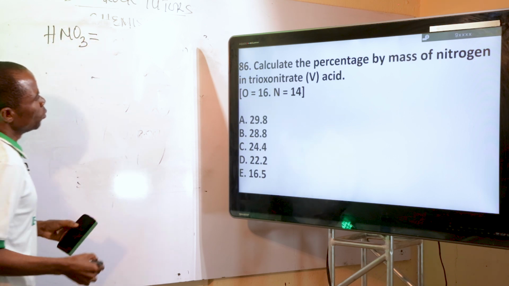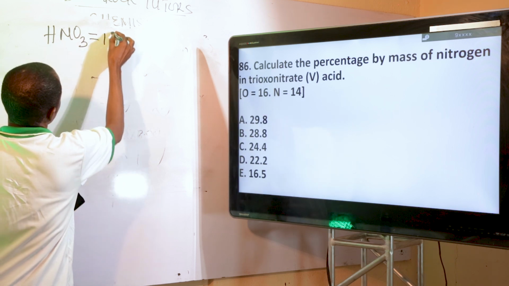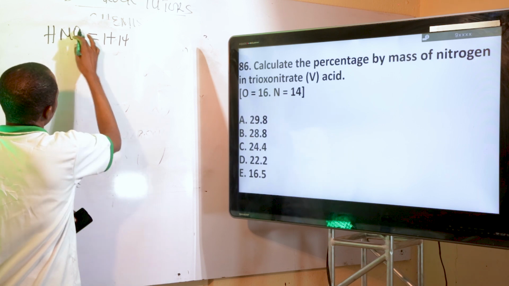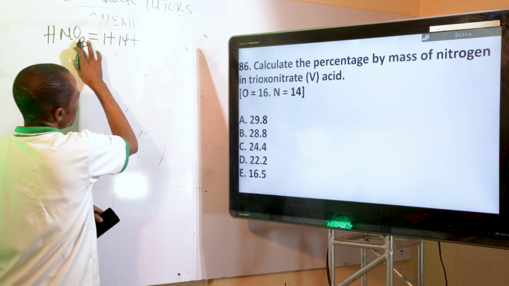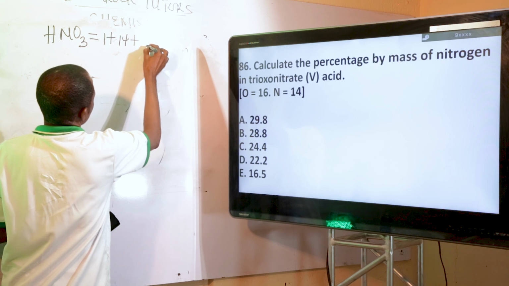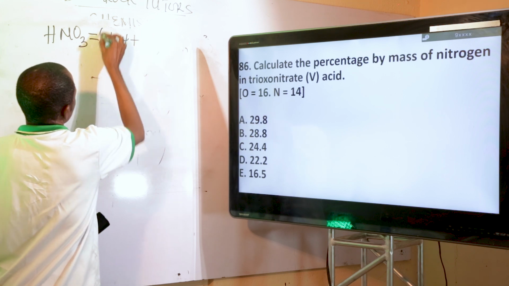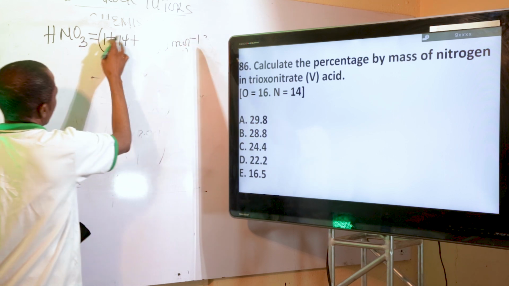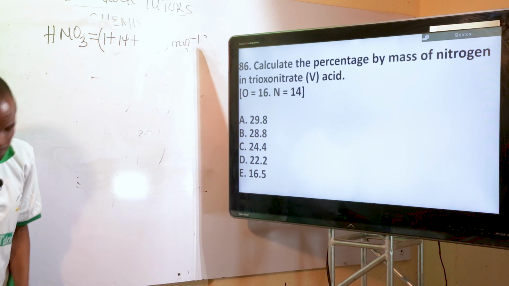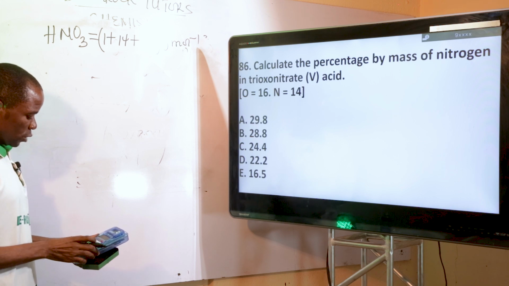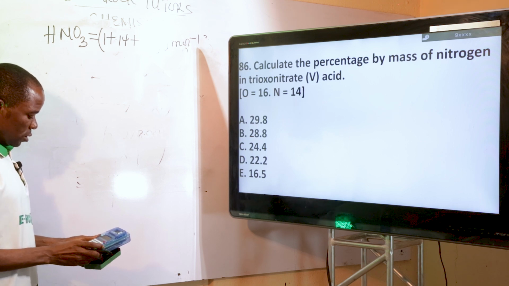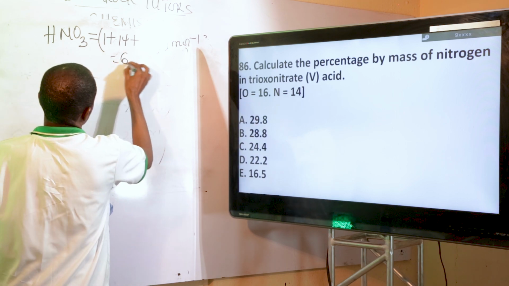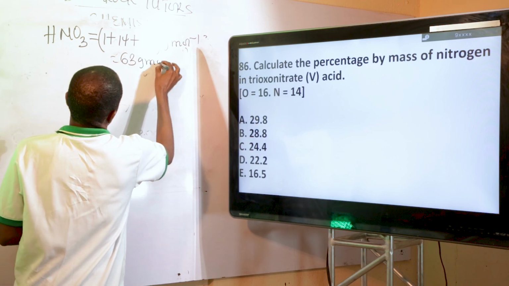If you calculate the molar mass, hydrogen is 1, plus nitrogen, atomic mass is 14, oxygen, the atomic mass is 16. 16 times 3, that's going to be 48. So if you add all of them together, the molar mass is going to be 1 plus 14 plus 48. That gives us 63. That's 63 grams per mole.